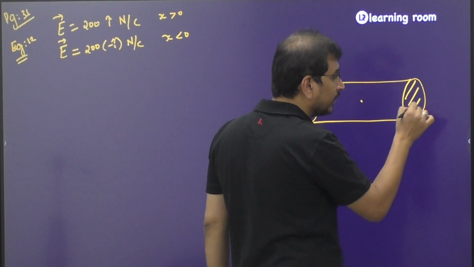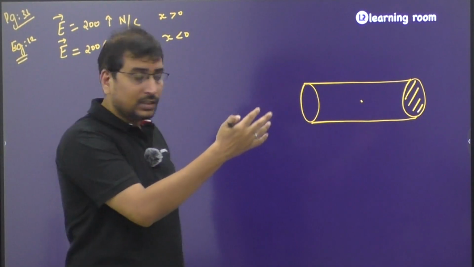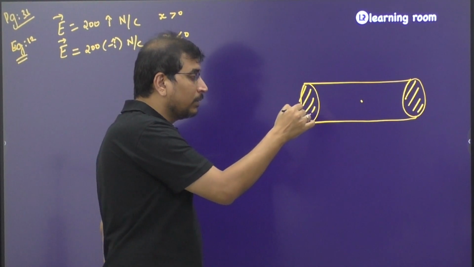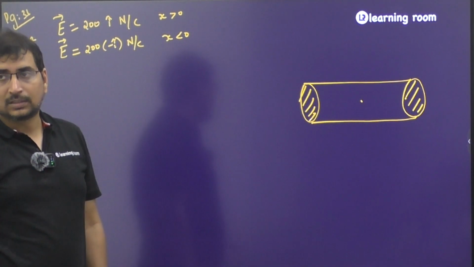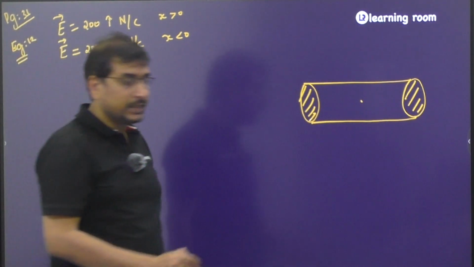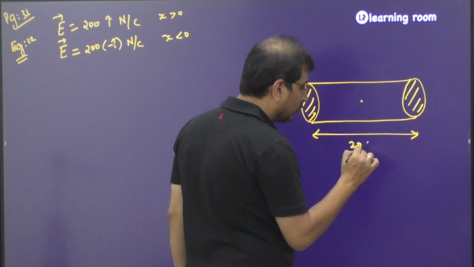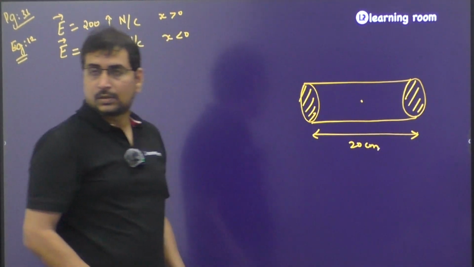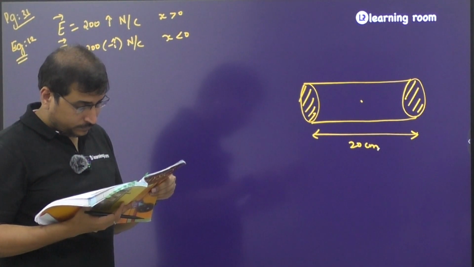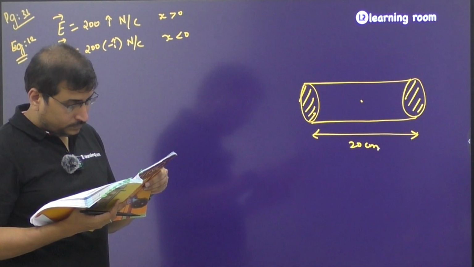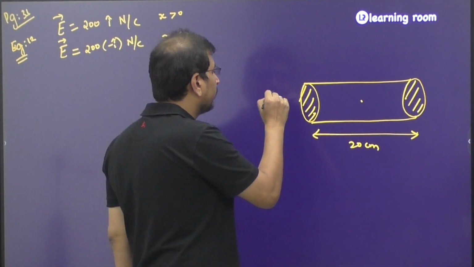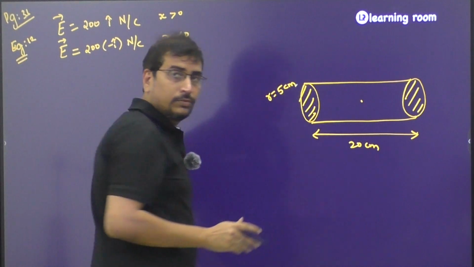Obviously the other face will be at x equal to minus 10 because the origin is the center. So the length is 20 centimeter and the radius is 5 centimeter.